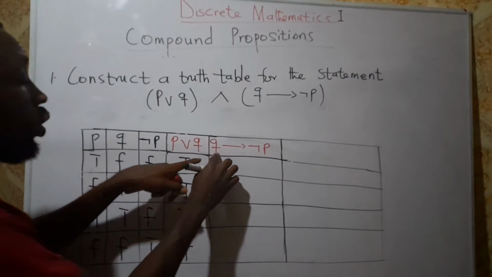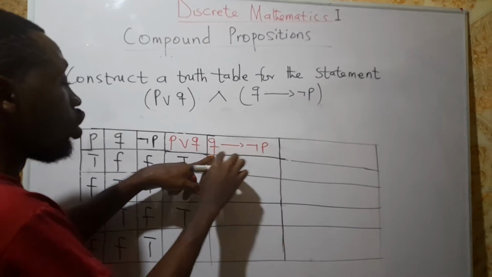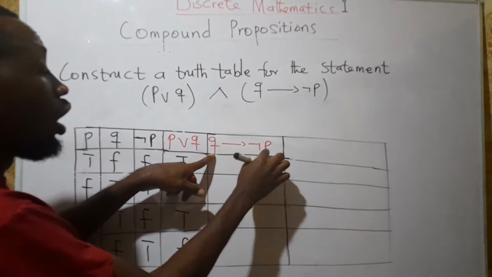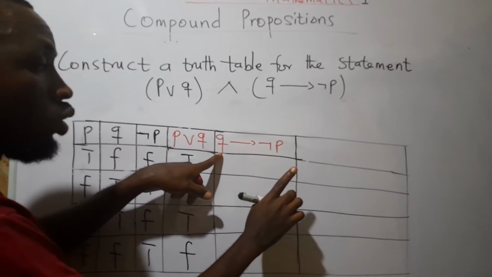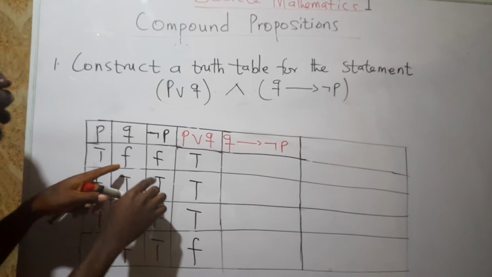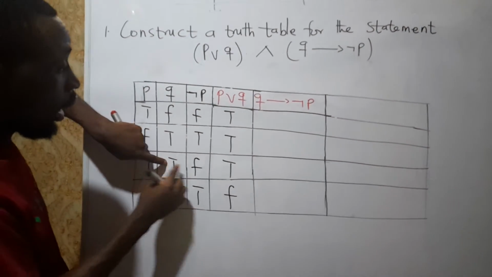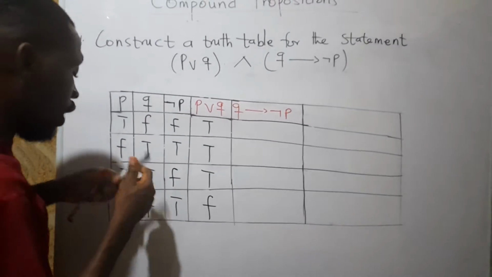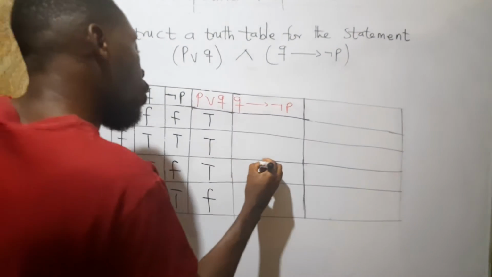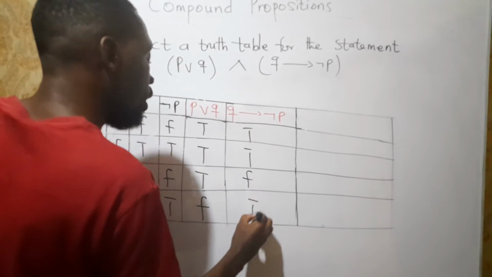So the Q becomes the hypothesis and the negative P becomes the conclusion. So we locate where Q is true and the negative P is false. Then that statement will be false. Other than that, it is true. So we locate when Q is true and the negative P is false. That's where it will be false. Then it is true in all other respects.